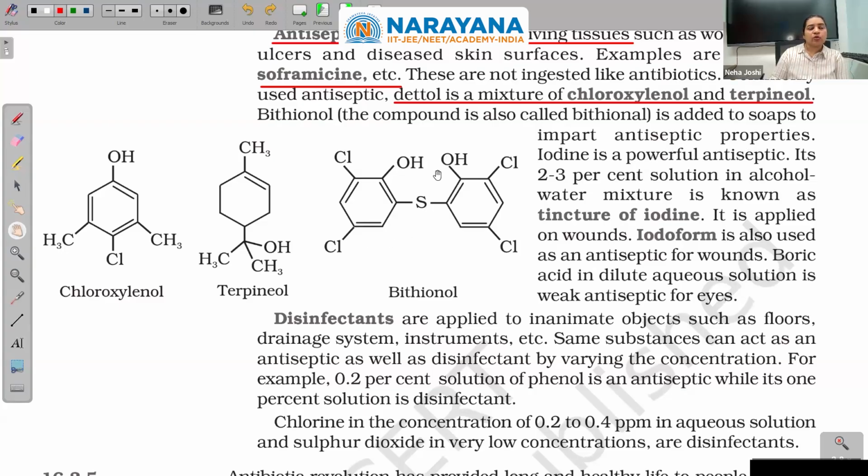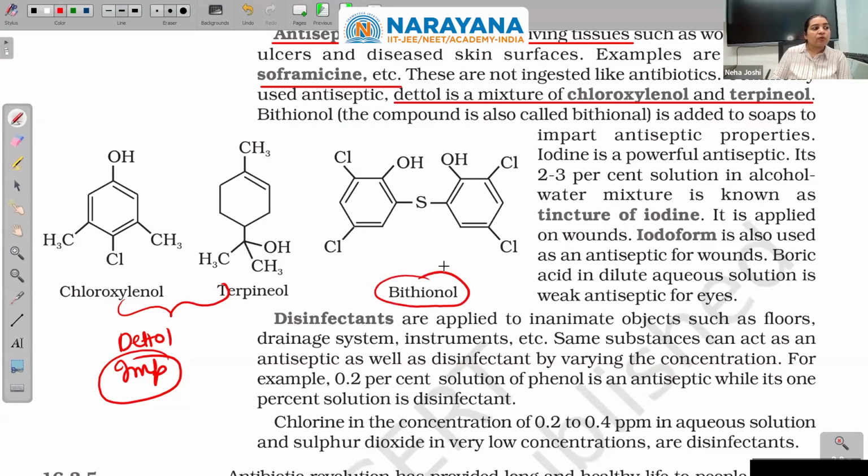These are the antiseptics used in Dettol; together they compose Dettol. It is important for you to remember Dettol has chloroxylenol and terpineol. Bithionol is added in soap to impart antiseptic properties.